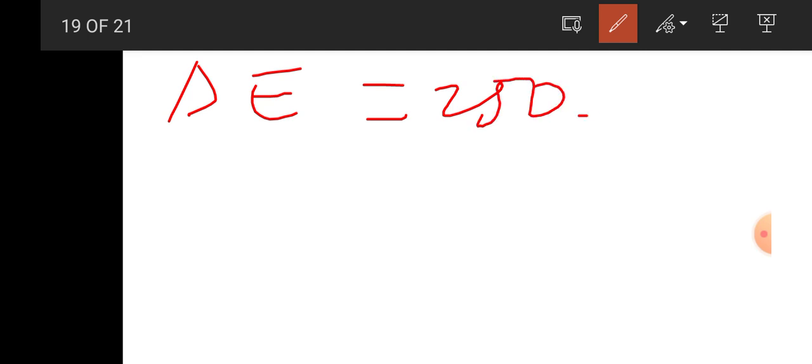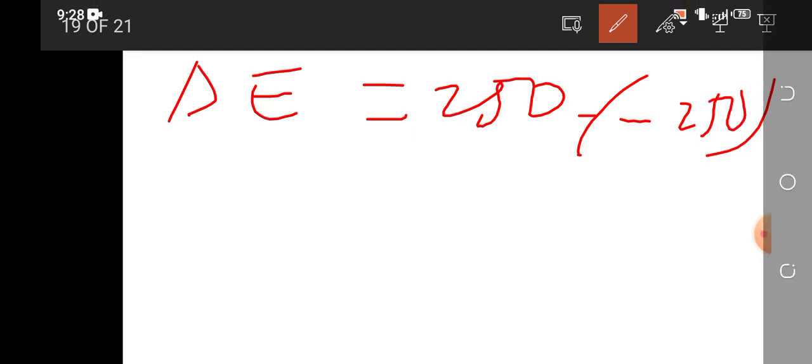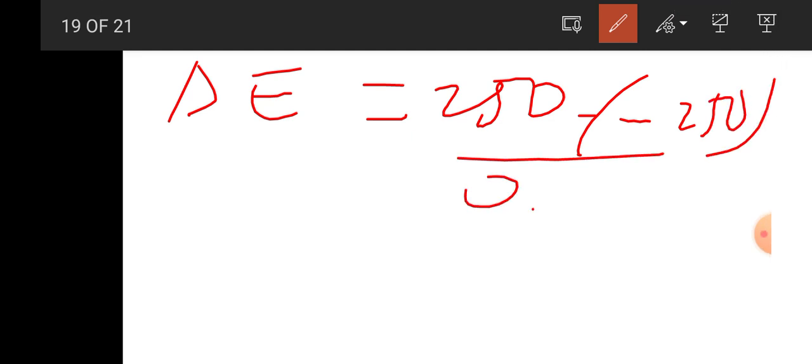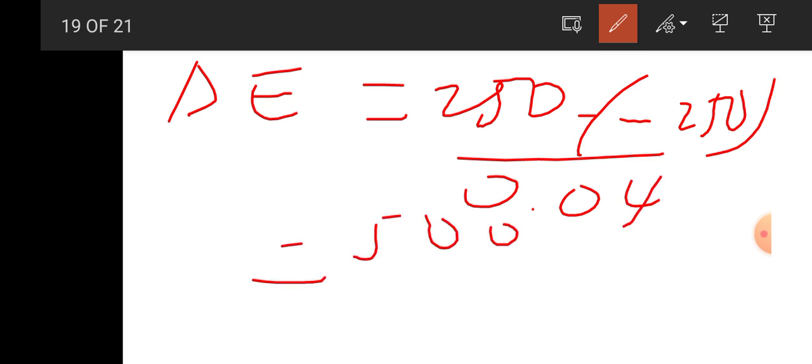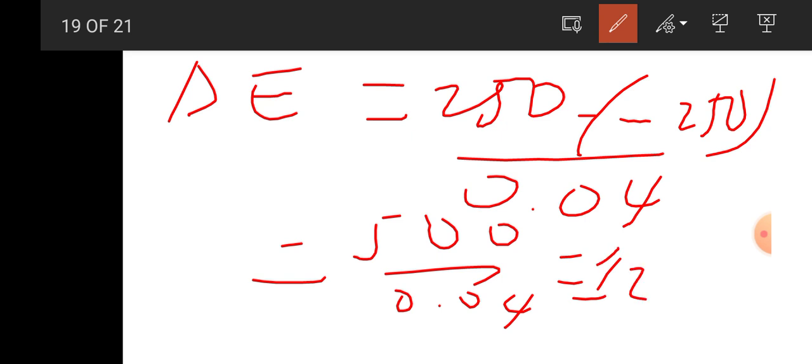So the change in electric field, it is not uniform, the field between the two. 250 minus minus 250 over the separation between the two, which is 0.04, which is equal to 500 over 0.04, which is equal to 12500 Newton per coulomb.